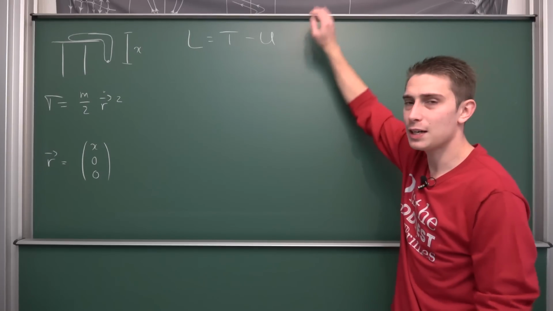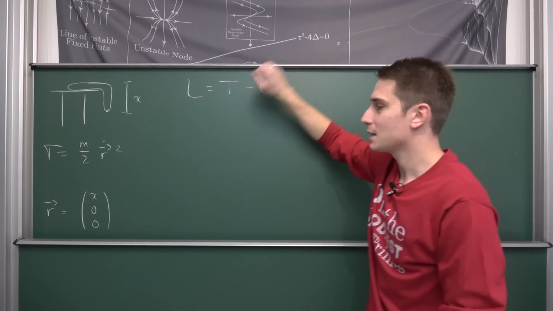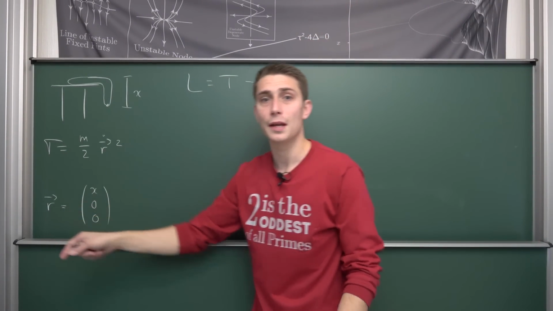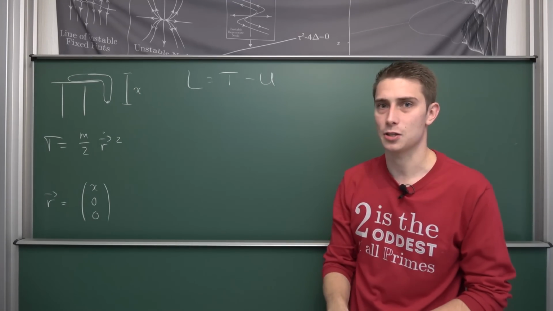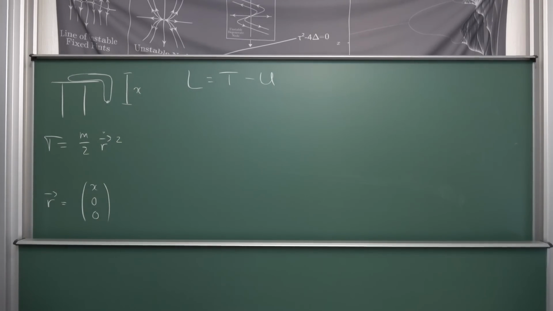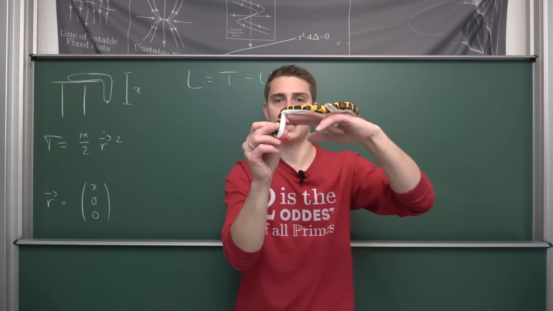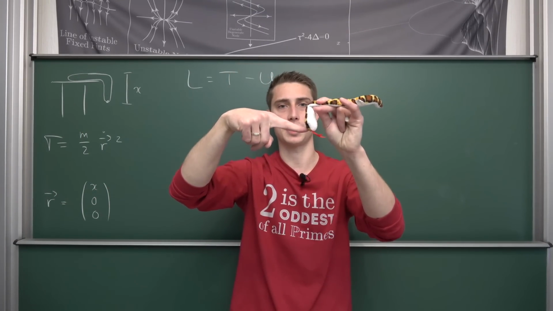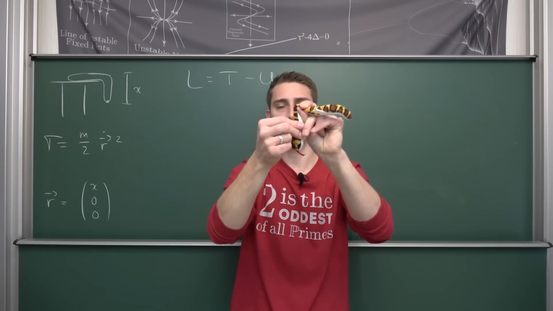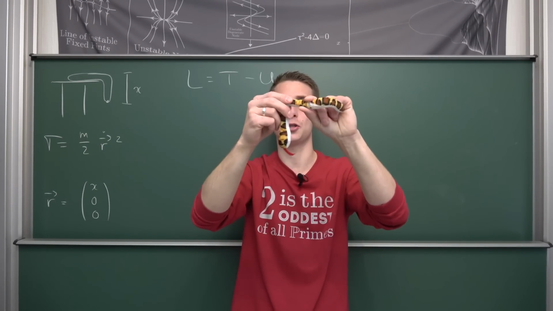Now, one thing that you should keep in mind is that our r vector is going to be changing over time, like the x component. Just imagine it with the snack. Let's say at this point in time our x component is at 1, for example. Now the snack slides down a tiny bit more, now it's at 2.